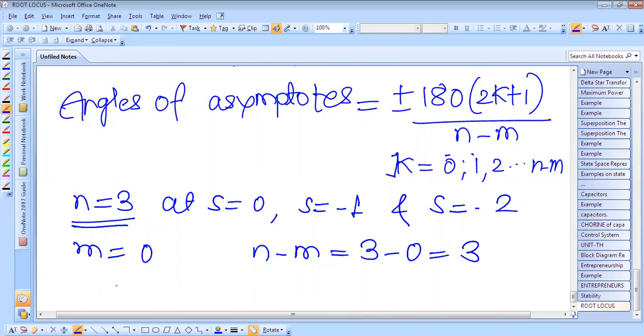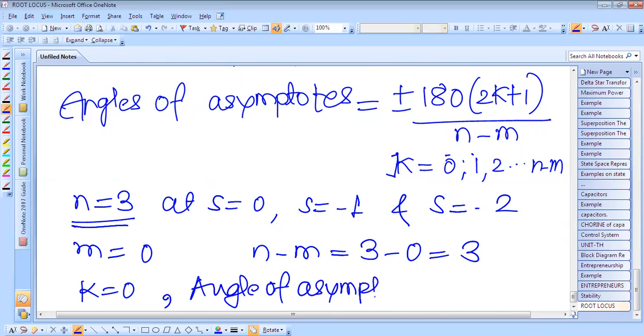And if you take now k is equal to 0, what will be the angle of asymptotes? The angle of asymptotes, if you put here, is plus minus 180 degrees by 3.